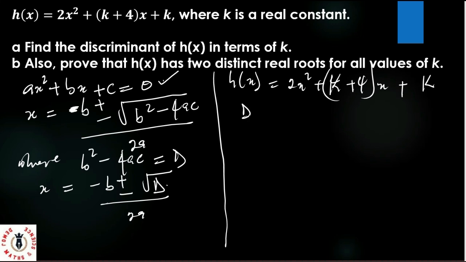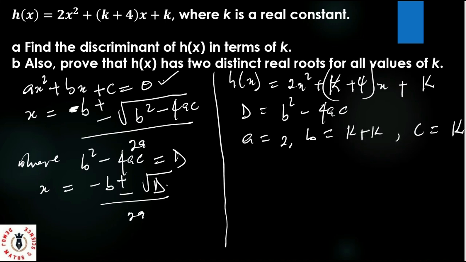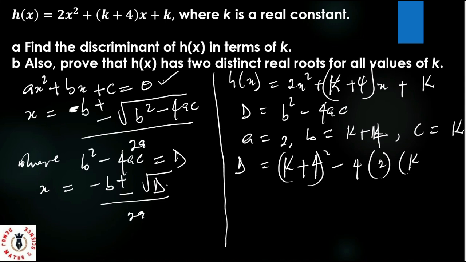Remember, the discriminant d is given as b squared minus 4ac. In this instance, my a will be 2, my b will be k plus 4, and my c will be k. So my discriminant d will be given as (k plus 4) all squared, because that's my b, minus 4 times a, which is 2, times c, which is k.